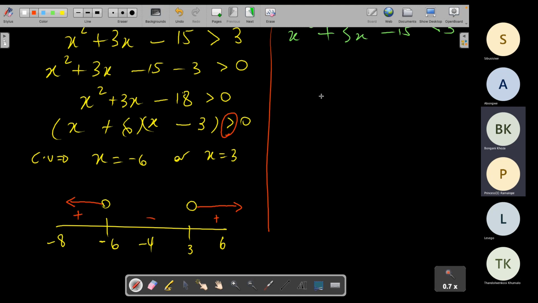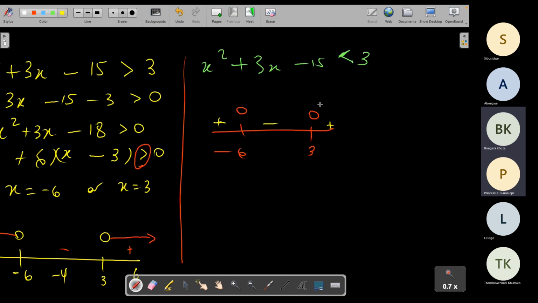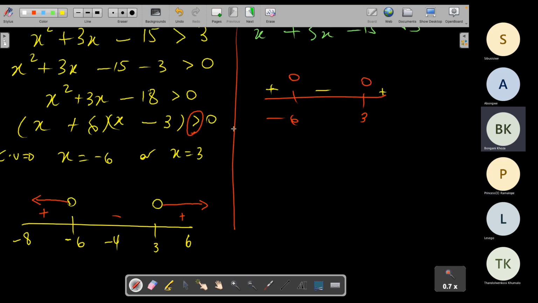If we were doing the one where it's less than, the values and signs are still the same, but we follow the negatives.